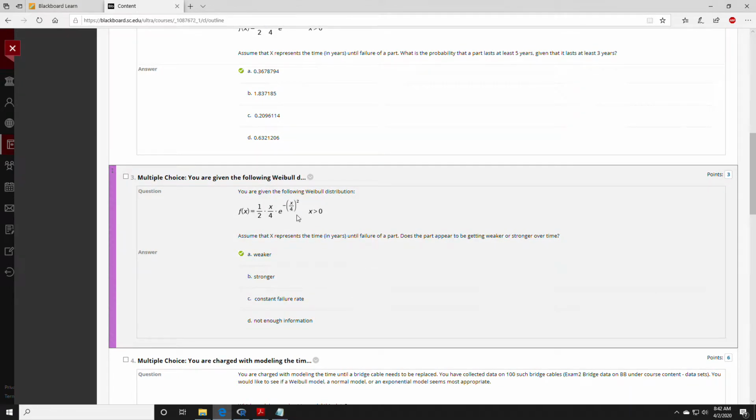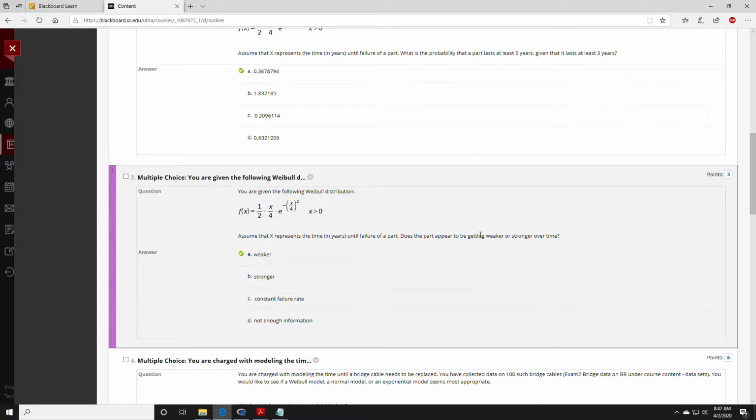Okay, same distribution. Now we're trying to determine if the part gets stronger or weaker over time, and our go-to thing for that should be the hazard function. Of course, there is a trick for this because it's a Weibull distribution, but I don't always have to give you a hazard function question like this for a Weibull distribution.